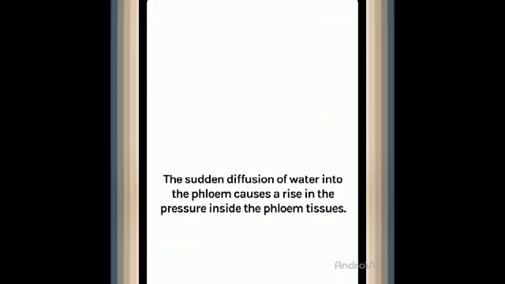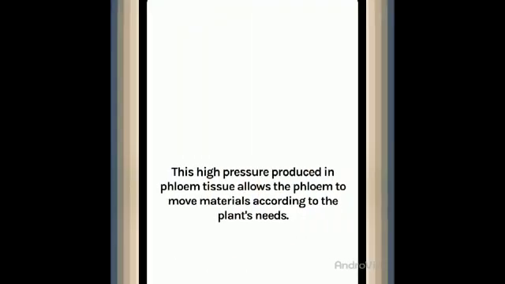So now this pressure inside the phloem is too much, and because of this high pressure there is a rise in pressure in the phloem. This higher pressure produced in the phloem tissue allows the phloem to move materials according to the plant's need, right?